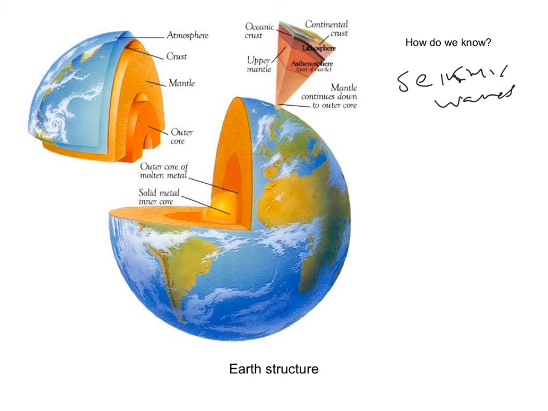So seismic waves are one. We've got measurements of heat flow. If the interior of the Earth is hot, we would then expect some kind of heat transfer process that would move that heat from the interior of the planet to the surface where it could be radiated off into space. Various mathematical, geophysical models and so forth.